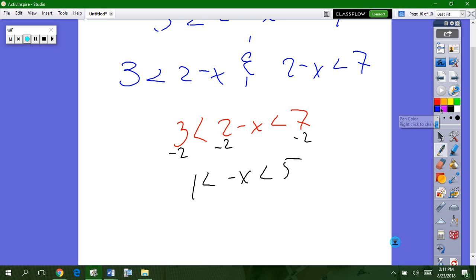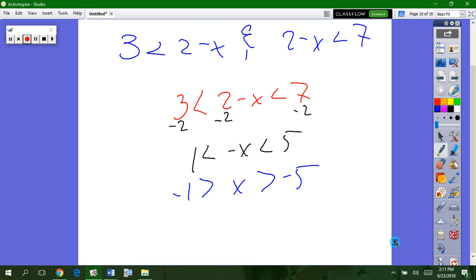Now what? How do we get rid of that negative? Divide, because it's timesing by negative 1, right? So that's negative 1. If I divide by a negative, what do I have to do? Flip them, right? Okay.